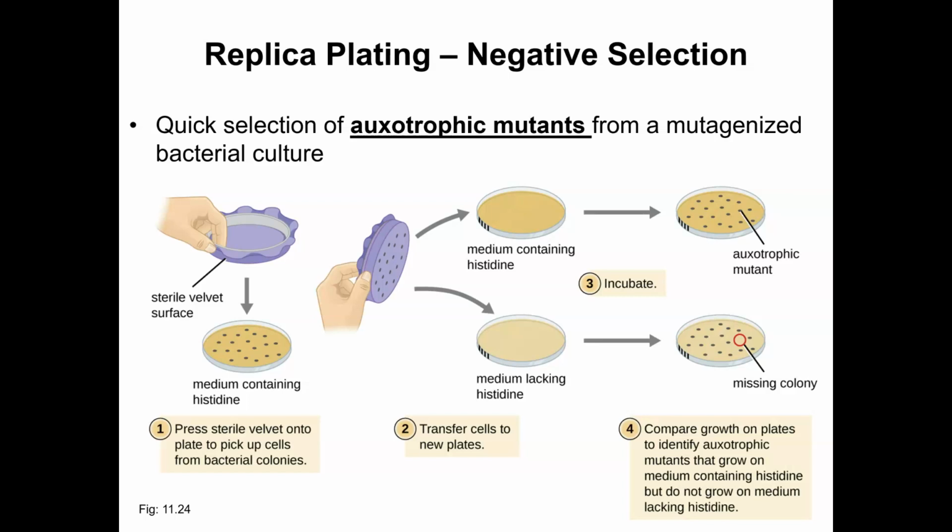All right, so here we press the velvet on a plate without histidine and a plate with histidine. Okay, you incubate, you come back, and you compare the plates. Now remember, this is indirect selection. So, checking the plate without the histidine, it seems to be missing a colony. That's your mutant.